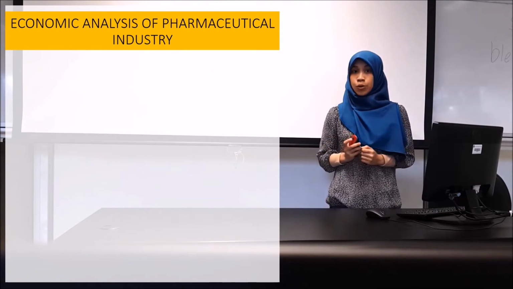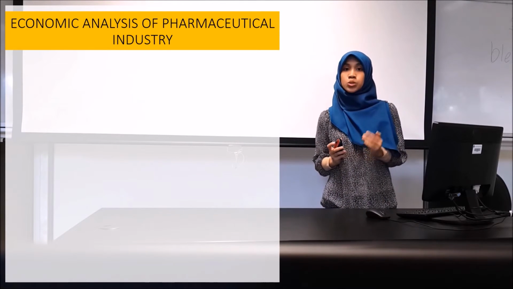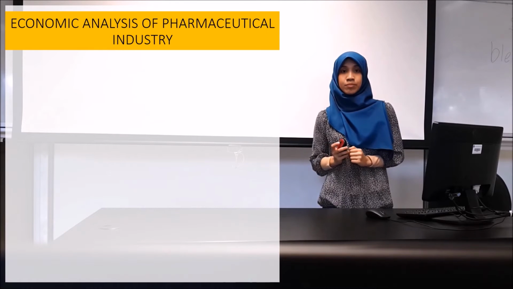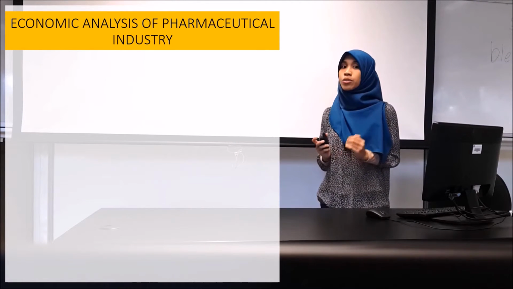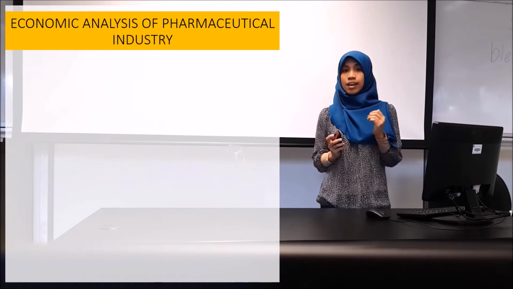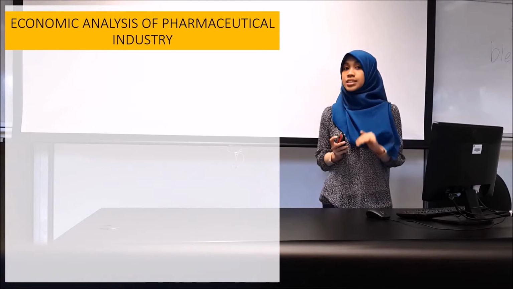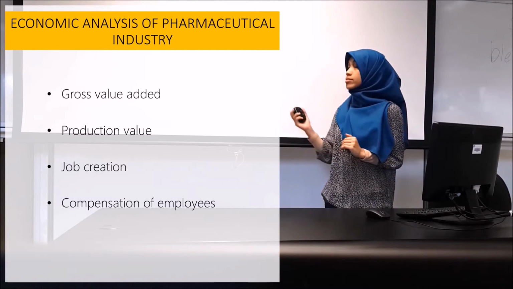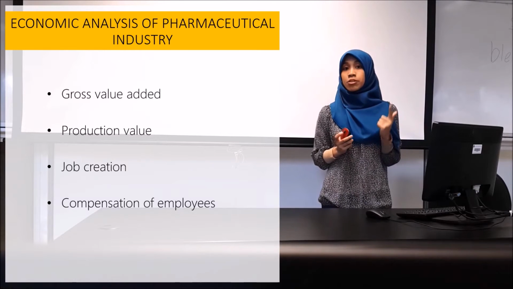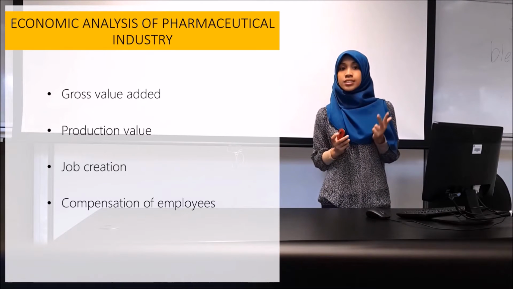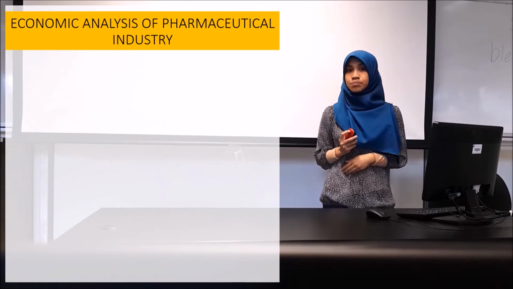In general, the growth and the job creating effects of economy are determined when it comes to assessing economic importance. In order to shed light on the contributions to economic growth, some aspects need to be evaluated. All plausible economic indicators of this industry are: first, gross value added; second, the production value; third, the job creation; and lastly, the compensation of employees.